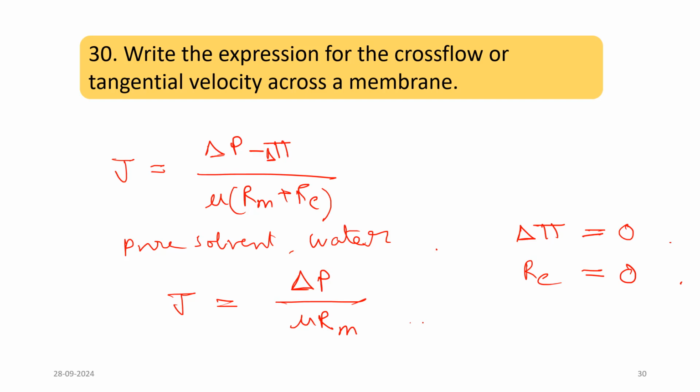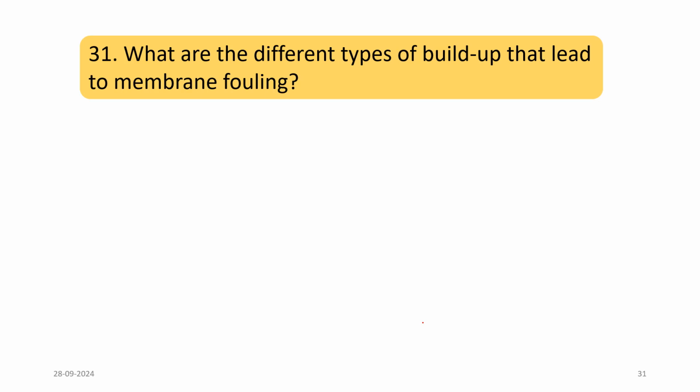Fouling is related to the increased deposition of solid material from the feed water onto the membrane surface, which causes a resistance to flow.